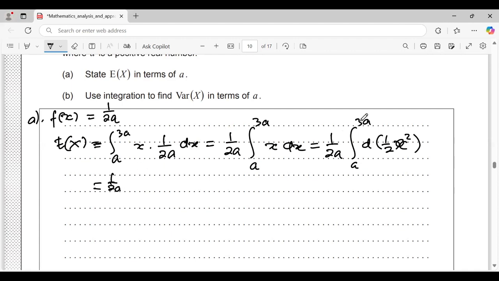After that, substitute 3a and a. It becomes 1/2 (3a) squared minus 1/2 a squared, times 1 over 2a. This is 9 over 2 a squared minus 1/2 a squared.